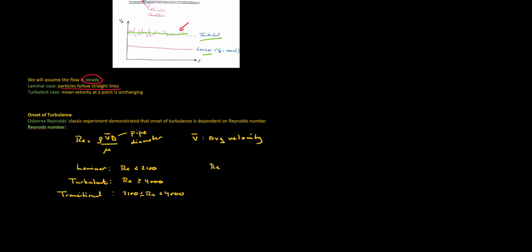Now, recall what the Reynolds number is telling us. The Reynolds number, and we looked at this in dimensional analysis, gives us a sense of the relative importance of the inertial effects relative to the viscous effects.